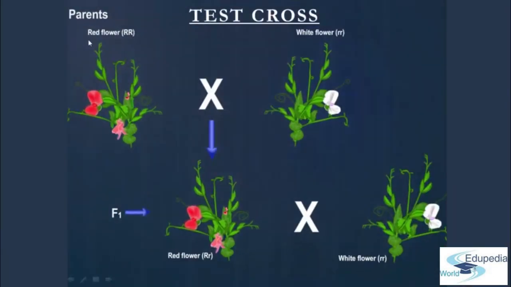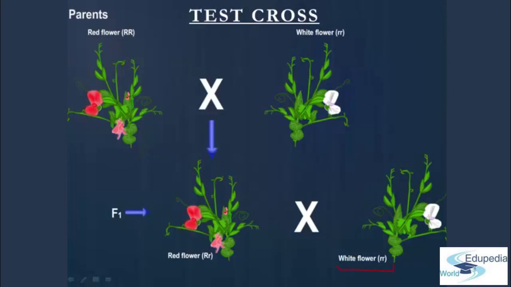The parents are homozygous by nature, and the F1 generation produces heterozygous red flowers. The F1 generation consisting of the heterozygous red flowers is further crossed with the recessive parent, the white flower.